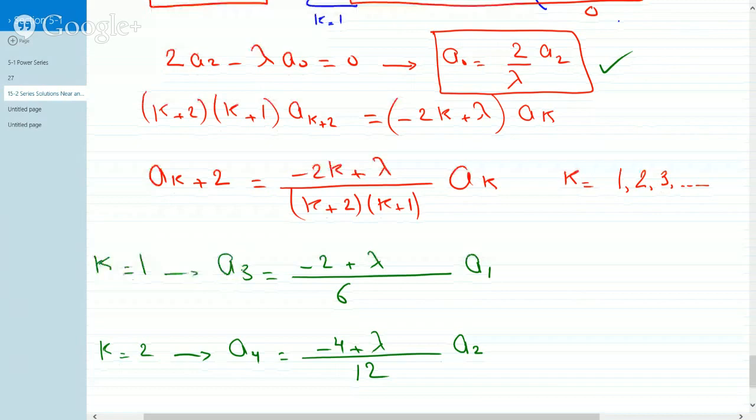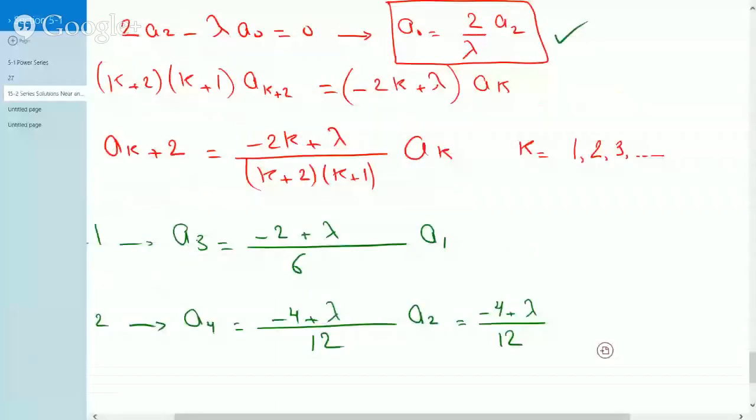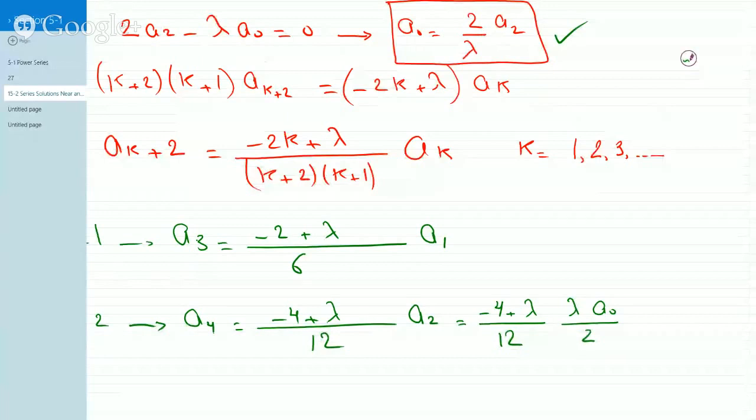So this becomes lambda over 12 times a2, which is lambda a0 over 2. Okay, so that's a4.